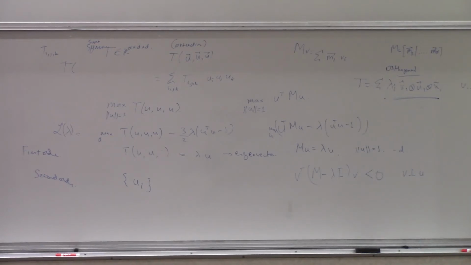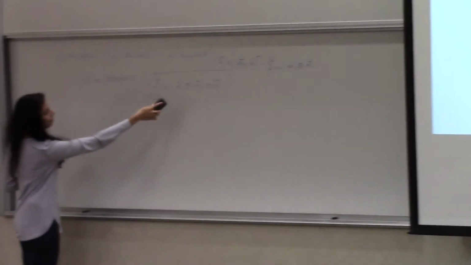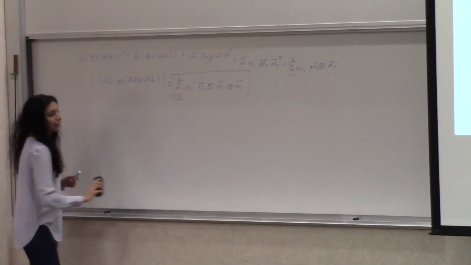Okay, so now how can I use this methodology? Before I go there, let me just quickly tell you, if it is an orthogonal tensor, how can I solve this? So maybe I'll keep this because I will use this.